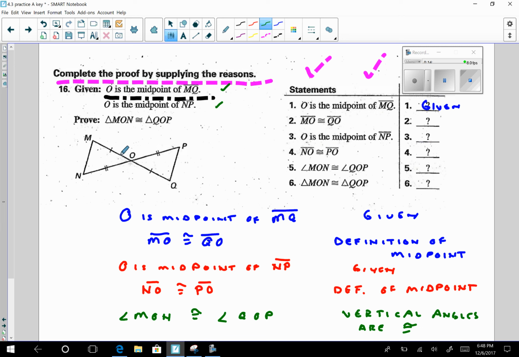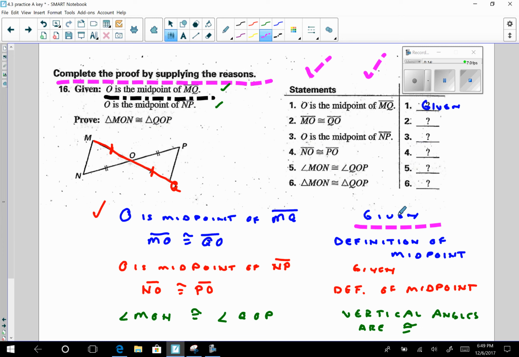Because if I look at this segment, I know that MO is congruent to QO, that makes O the midpoint. That's given. And this is going to be the first line in my proof: O is the midpoint of MQ. That particular statement is given.